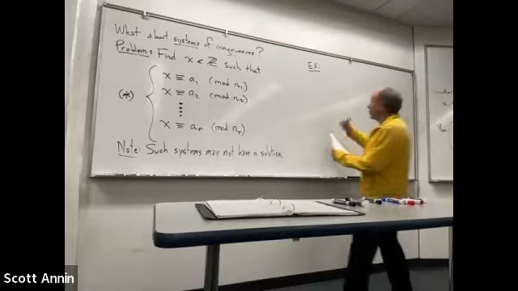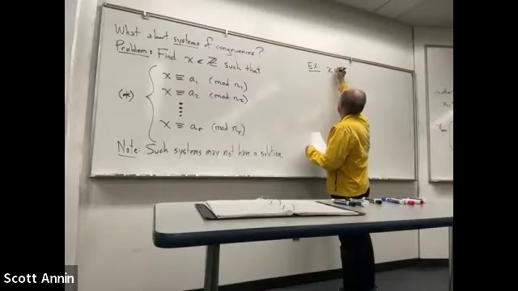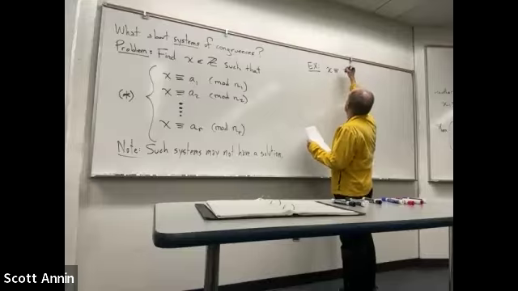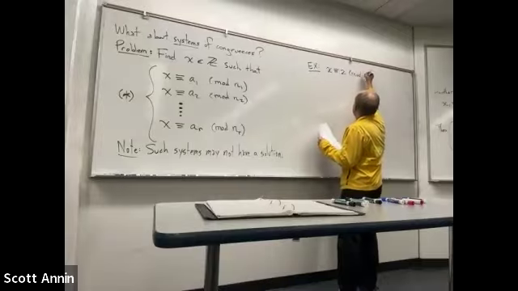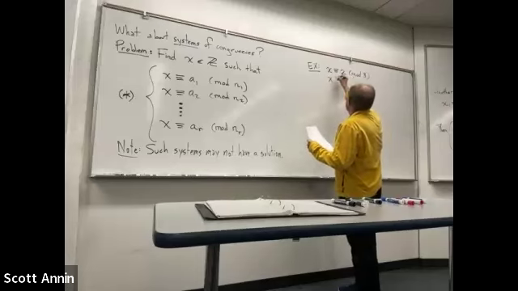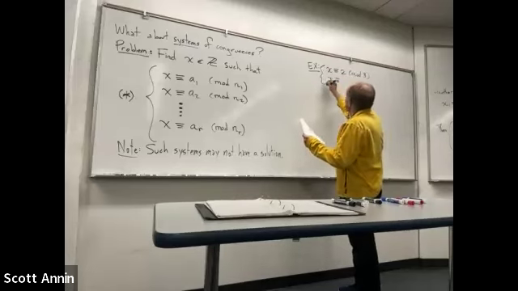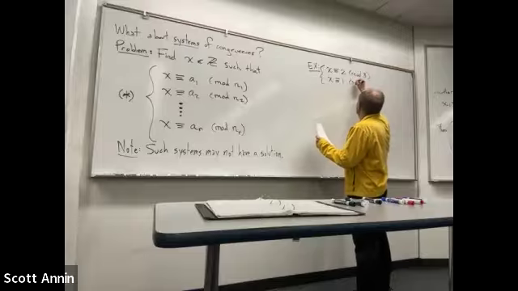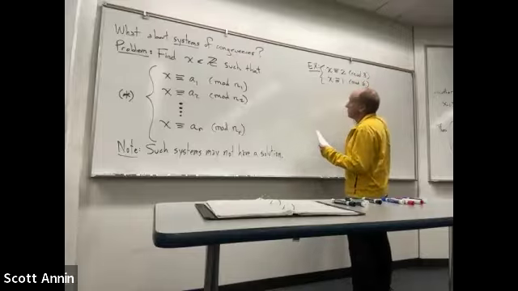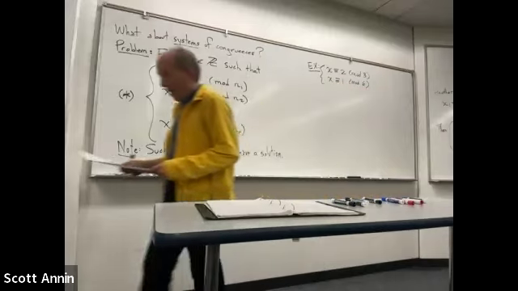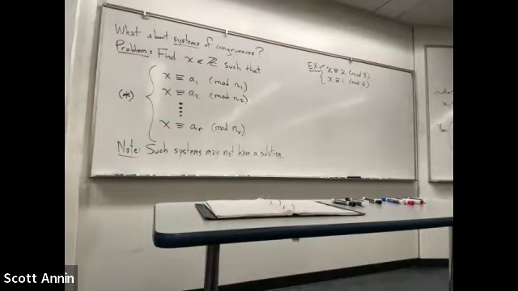For example, if I told you that x needed to be congruent to 2 in mod 3, and the second equation in my system is x is congruent to 1 in mod 6.